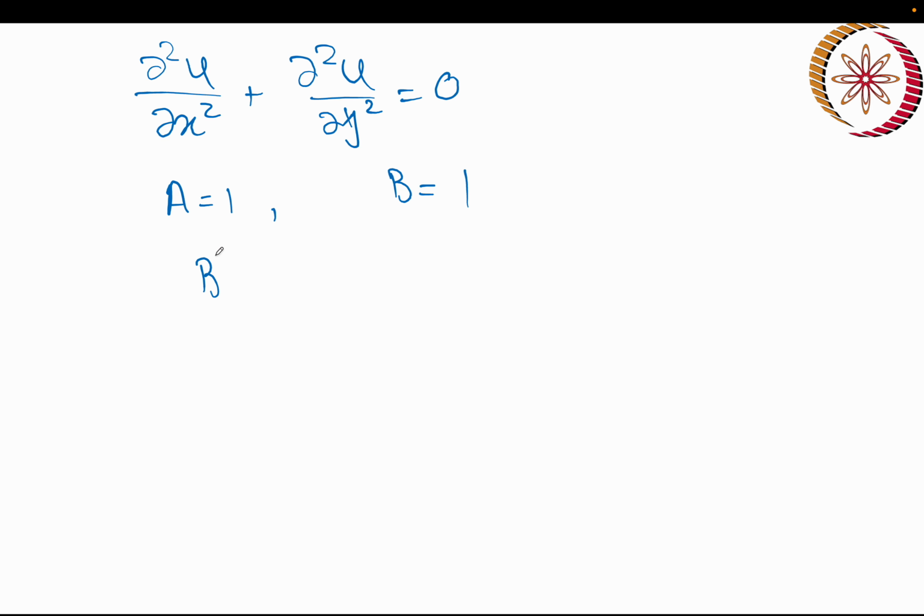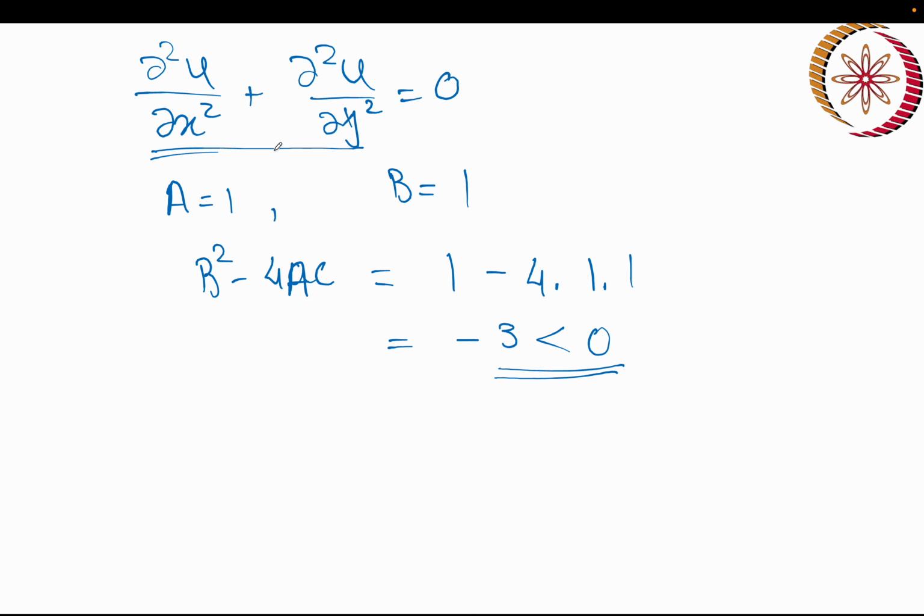So if we write b square minus 4ac, it will be 0 minus 4, since a is 1 and c is 1, which is minus 4, less than 0. This corresponds to the steady solution, and there is no proper direction of propagation, or the information propagates from all directions. So the solution at this location will depend on what the neighboring points are.